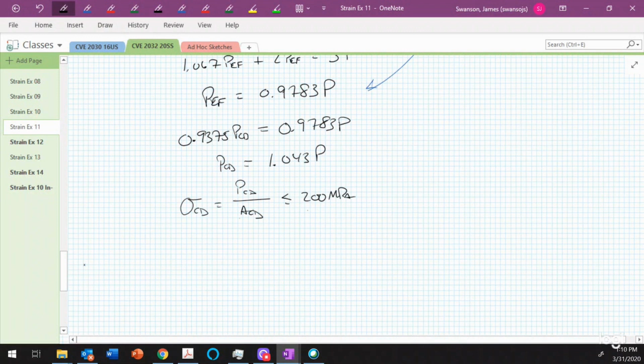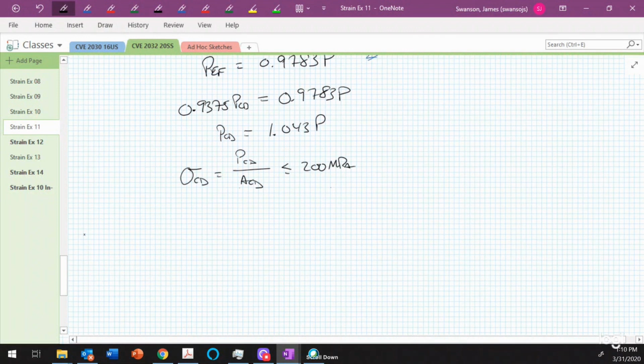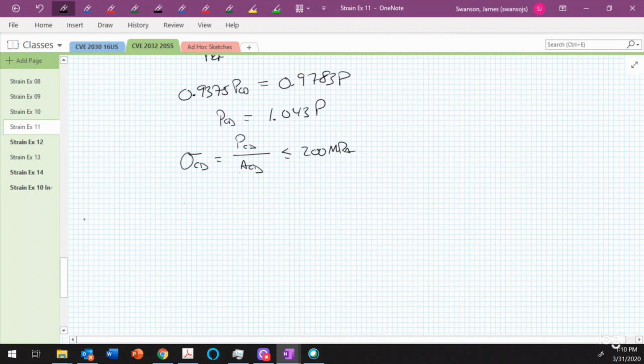So what we can do then is push the area to the right-hand side. So we could say that P sub CD has to be less than or equal to 200 megapascals times the area. So we have pi over 4 times the diameter of the wire squared. And for wire CD, it has a diameter of 4 millimeters.